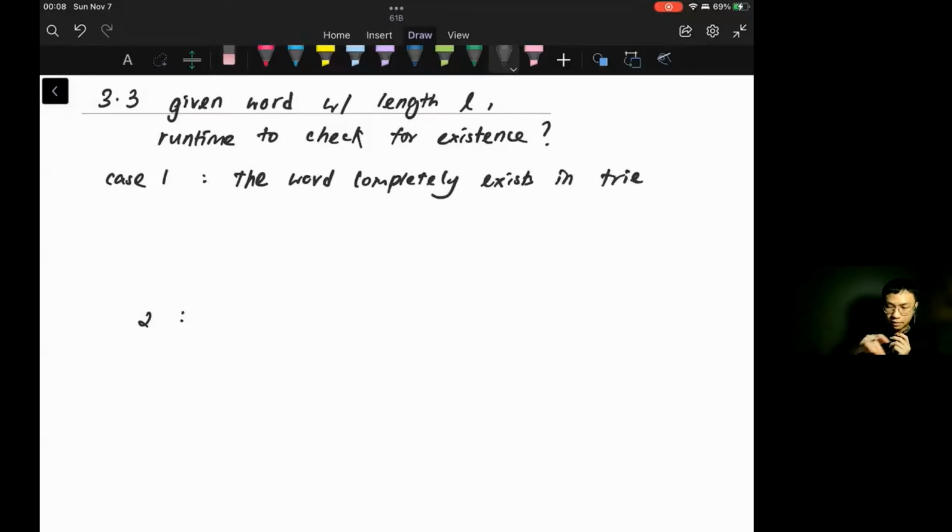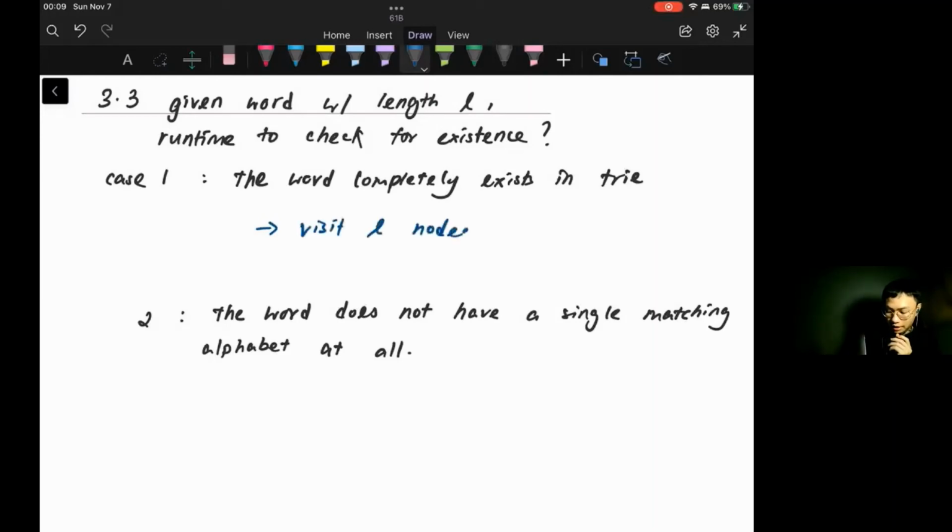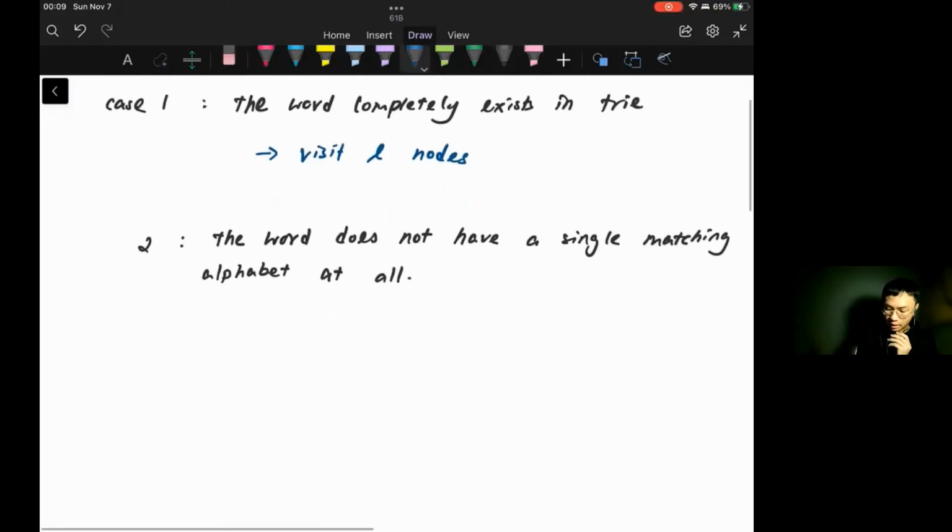On the other extreme end, the word does not have a single matching alphabet at all. Okay, so let's go back to the first case. If the word completely exists in the tree, this means that we must have visited L nodes in order to come to the conclusion that yes, the word completely exists in the tree.